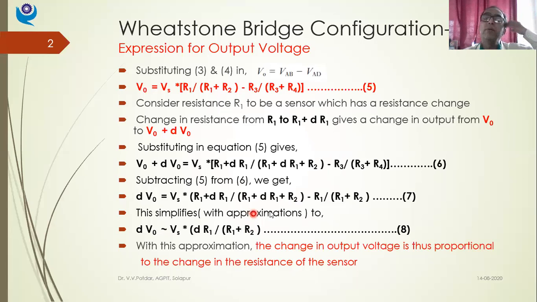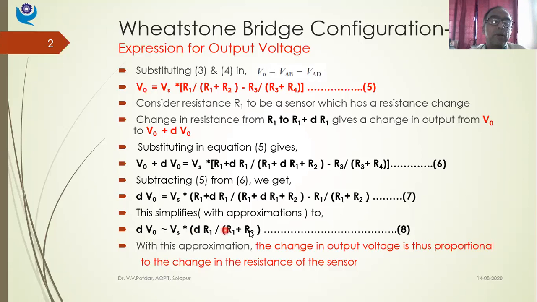And after those simplifications, we get the change in output voltage dV0. Why is this change occurring? Because of change in resistance from R1 to R1 plus dR1. So dV0 is approximately equal to, because we have used some approximations, Vs into dR1 upon R1 plus R2.